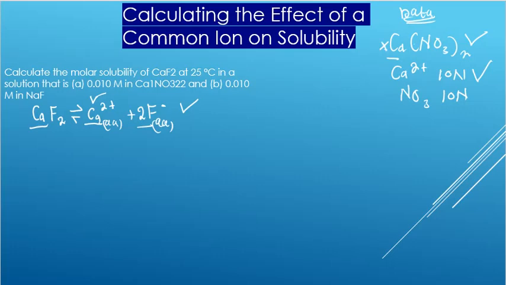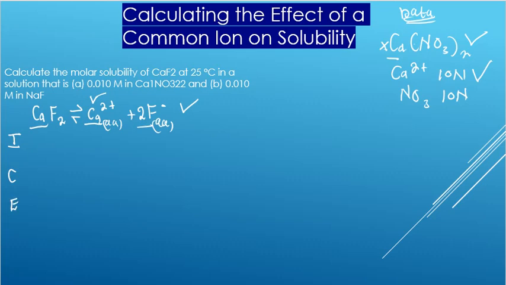Okay? So from here, we can write our Ksp, our ICE table first. So the I for initial, we look at the change and the equilibrium.